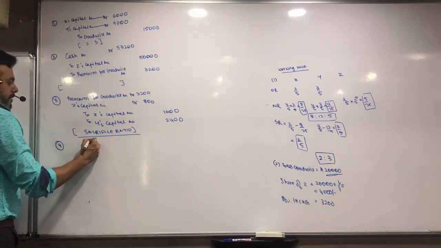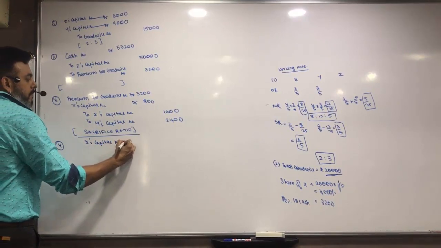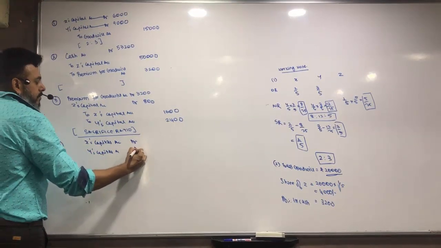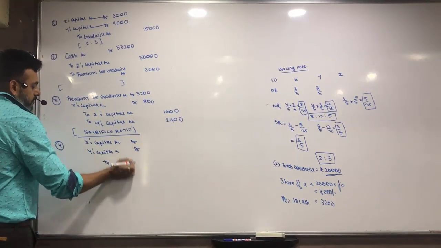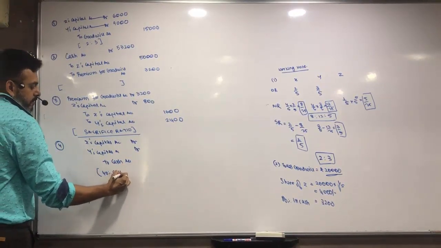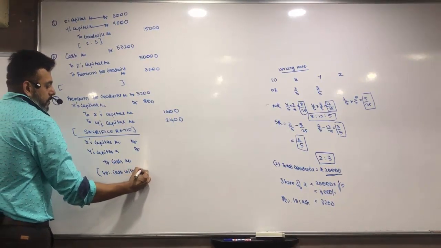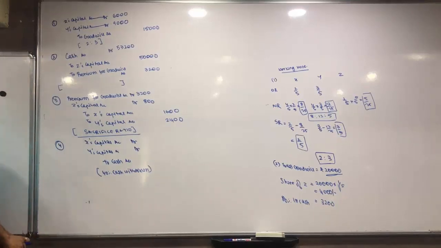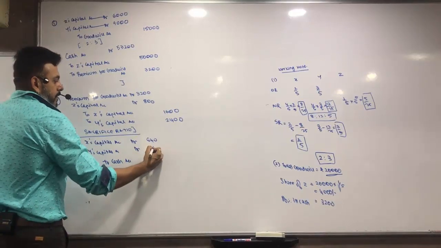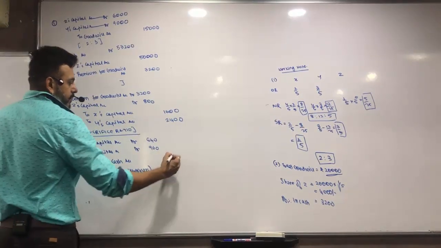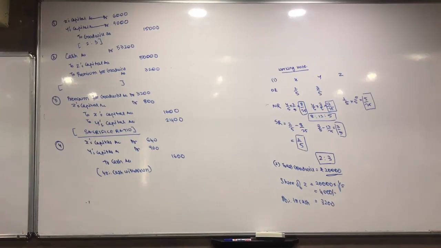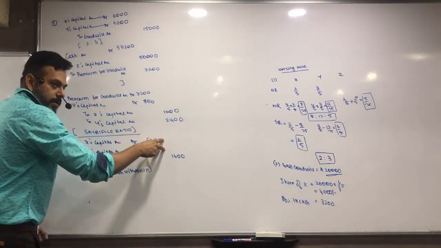X's capital account debit, Y's capital account debit to cash, 40% cash withdrawn. What's the amount? 640, 960, 1,600. Did you understand how 40% came? Directly 40% of these two.